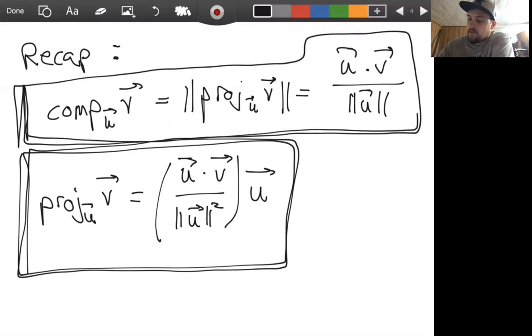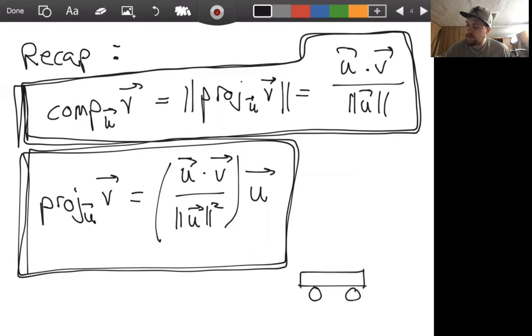You can see projection vectors become extremely relevant in physics. If you have a force acting on an object at a given angle, the perfect example is, imagine you have a little wagon here with a handle, and you're pulling the wagon this way, right? Well, the force that's being applied is at an angle. Here would be a vector representing force, at the angle that you're pulling the little wagon.